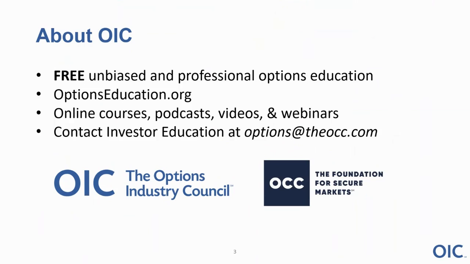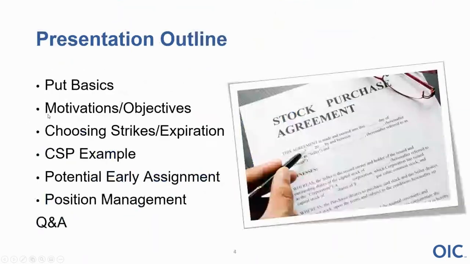When it comes to the cash secured put, our presentation is simply going to be first and foremost covering the basics: what puts are, why we use them, the motivations and objectives of trading puts, and particularly selling puts. Then we're going to go into some of the more common questions that we receive here at the OIC: choosing your strike, choosing the expiration.